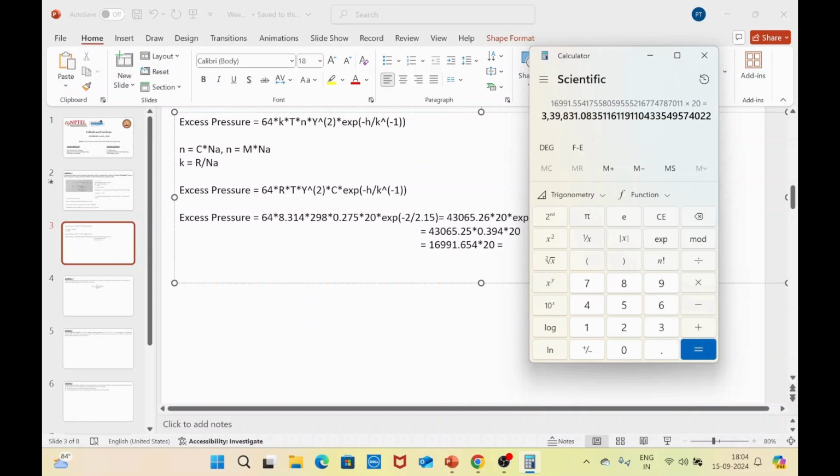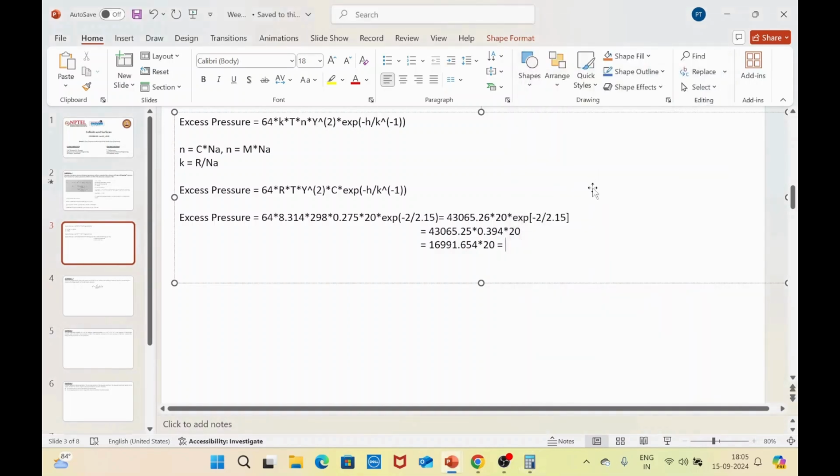It will be 339,831.08 Pascal, or 339.831 kilopascal.